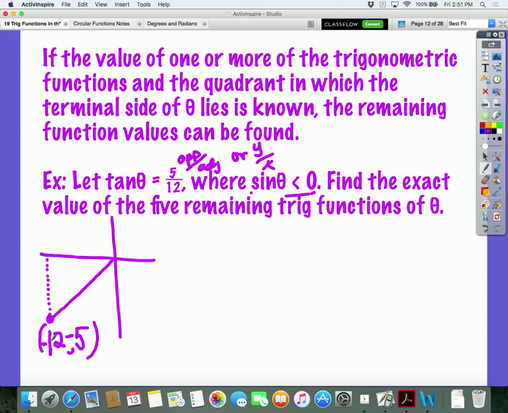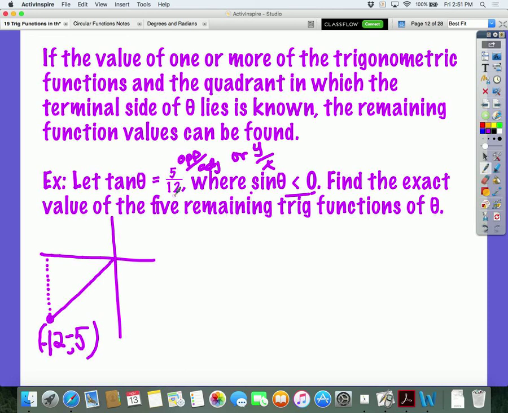So we have to determine the quadrant. Not determine quadrants, but use all the information given to you to figure out what quadrant you are in. So first off, you have tangent is positive. Tangent is positive in the first and third quadrants, so that eliminates two of them.